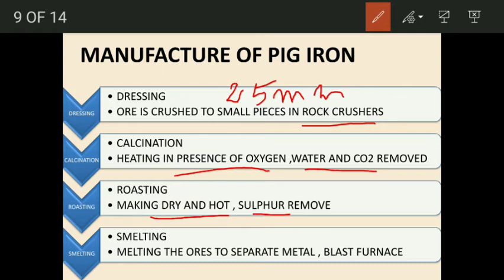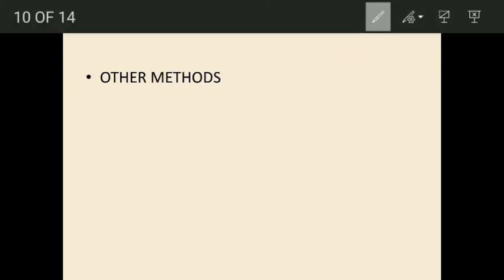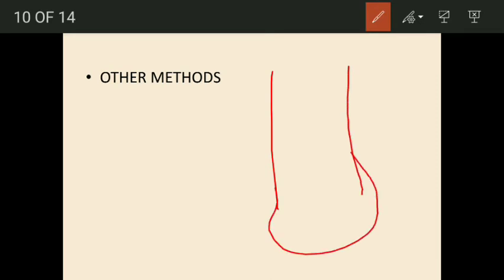The last process is called smelting. Smelting means melting of ores to separate the metals in it. It is usually done in a blast furnace. A blast furnace is a vertical steel cylinder, something of this shape.